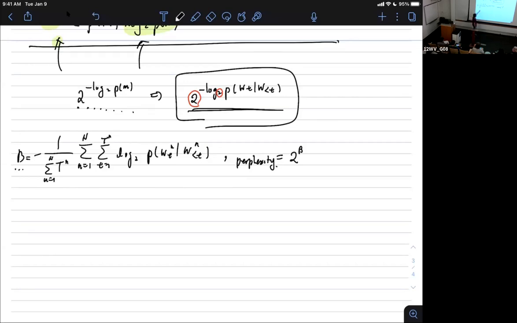Here it is slightly different in the sense that we sum all of them, but when we average, we average over not only the sequence but also the tokens. So depending on the distribution of the length across the sequences, there could be some difference between how we compute perplexity and how we compute the language model loss.